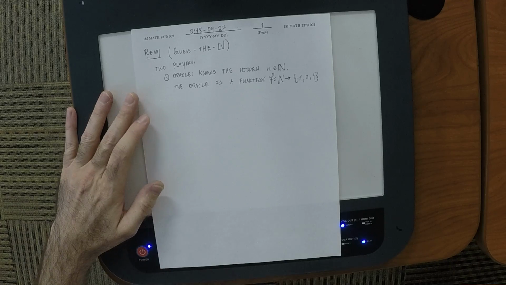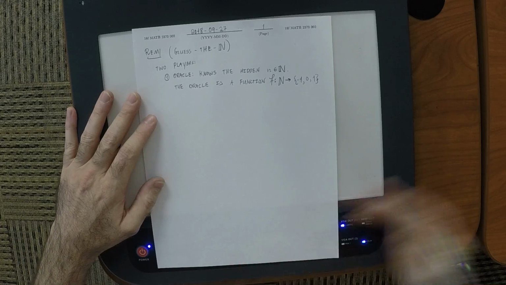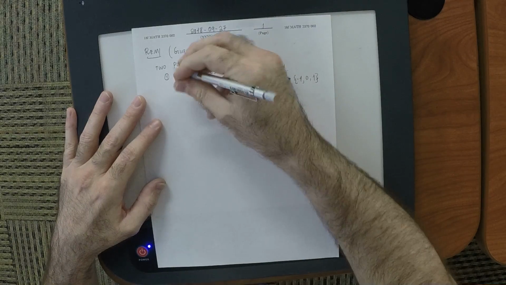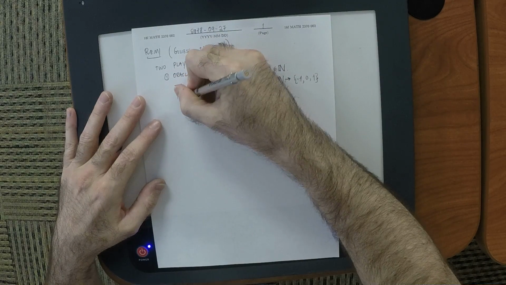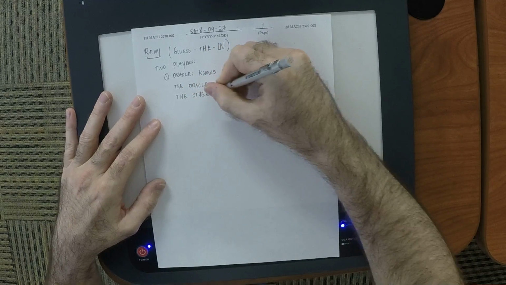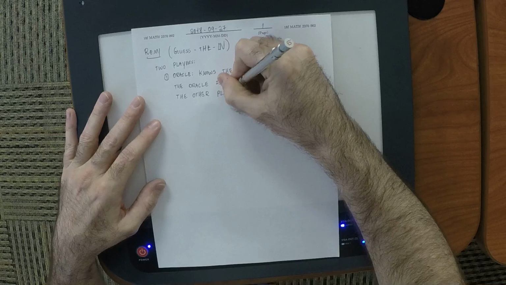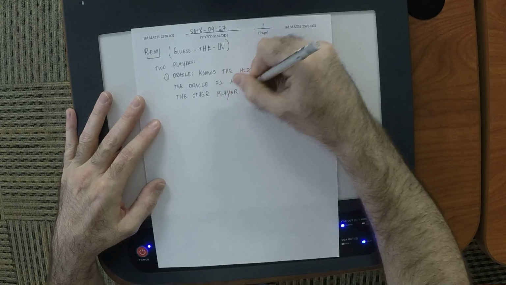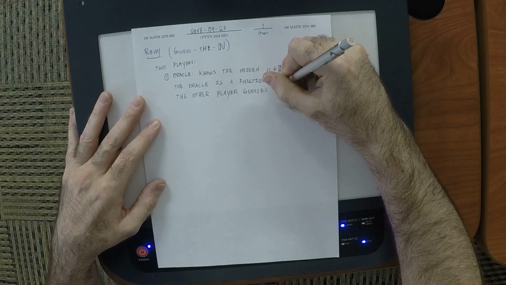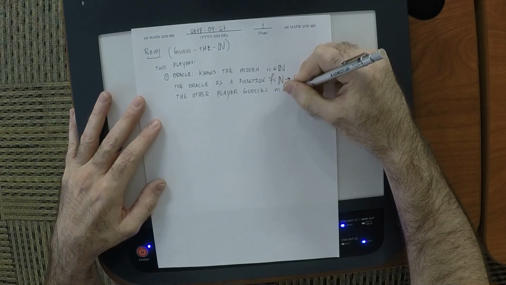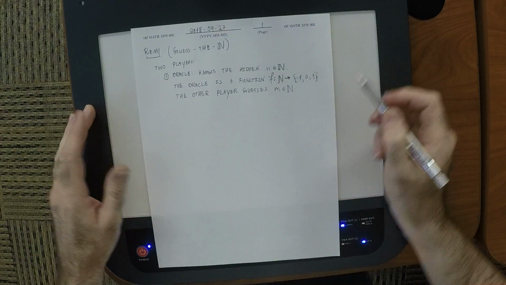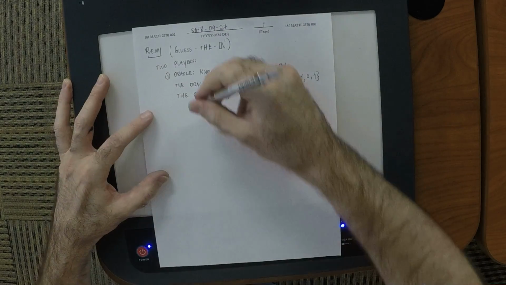So it's a function, and the way it works is like this. Suppose that the other player makes a guess. They guess m in the naturals, and then the oracle responds with one of those three outputs.